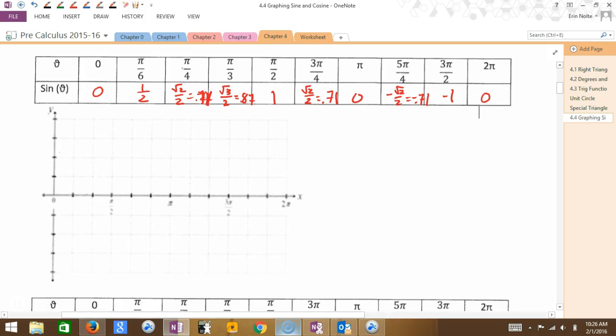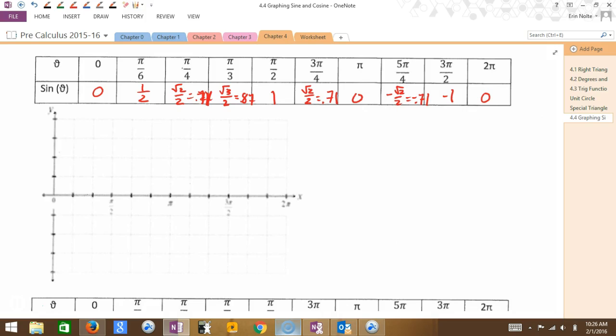The one thing that I want you guys to realize is, what is my x-axis representing? What specifically though? It's kind of hard to see. This says 0, pi over 2, pi, 3 pi over 2, and 2 pi. They're radians.